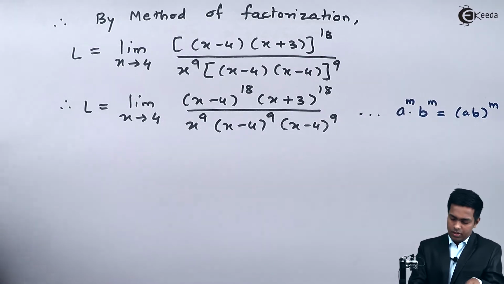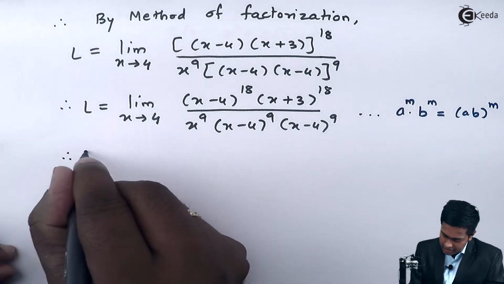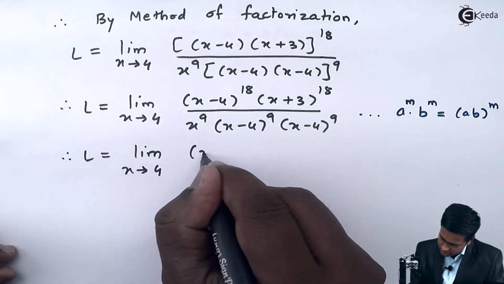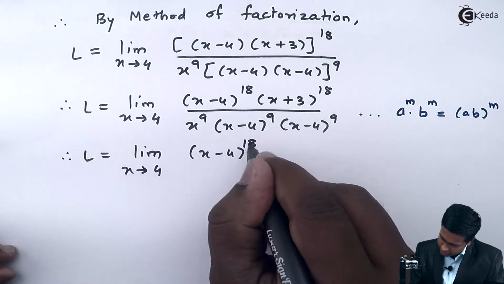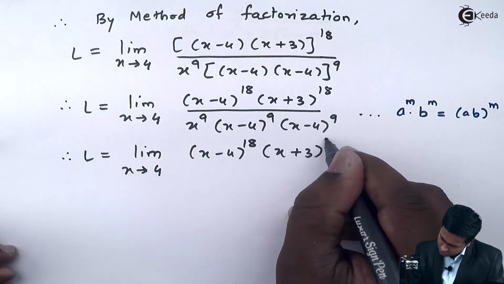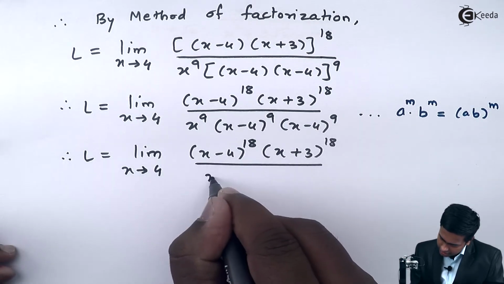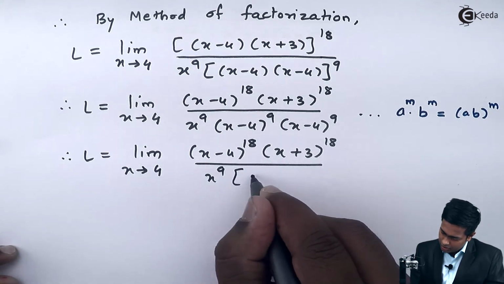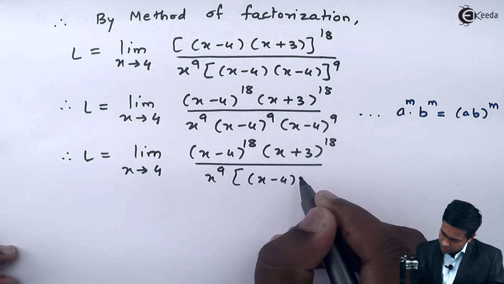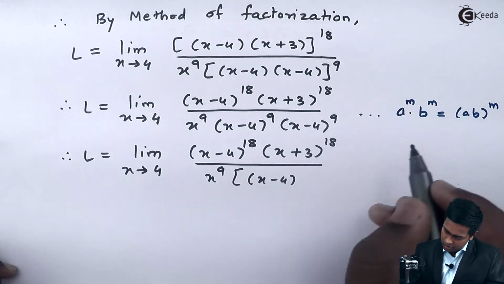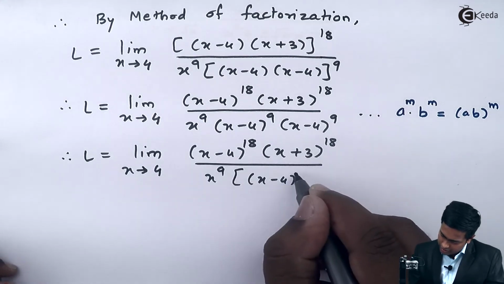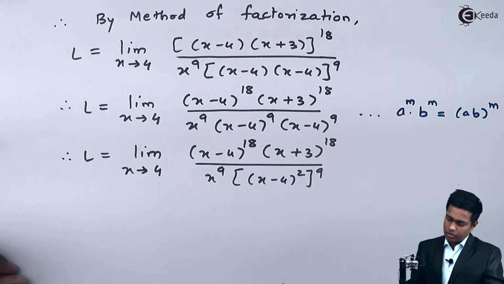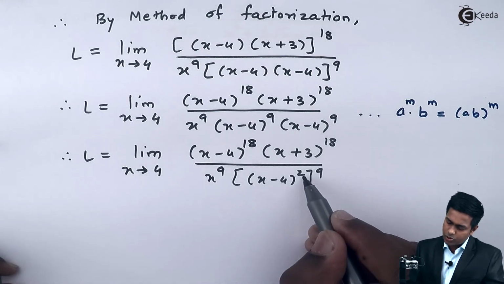So I will rewrite this as L equal to limit x tends to 4, (x − 4)^18 (x + 3)^18 upon x^9 as it is, and by this formula that will become (x − 4)^18.